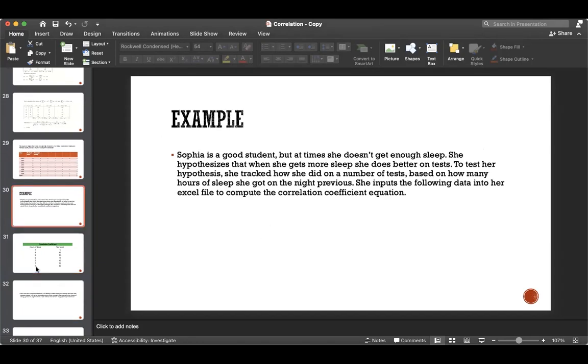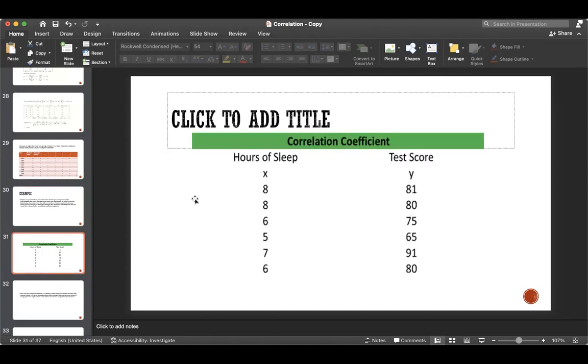There's Sophia, who is a very good student, but at times she doesn't get enough sleep. So she hypothesizes that when she gets more sleep, she does better on tests. To test this, she tracked how she did on a number of tests based on how many hours of sleep she got the night previous. And she input the following data set: hours of sleep and the test score.